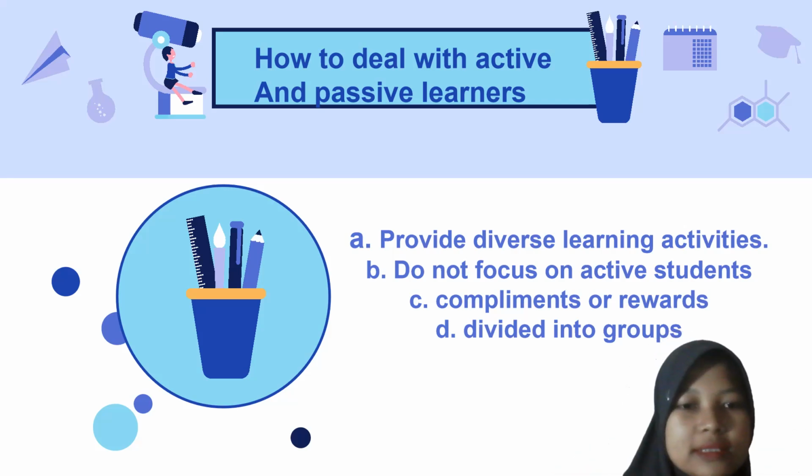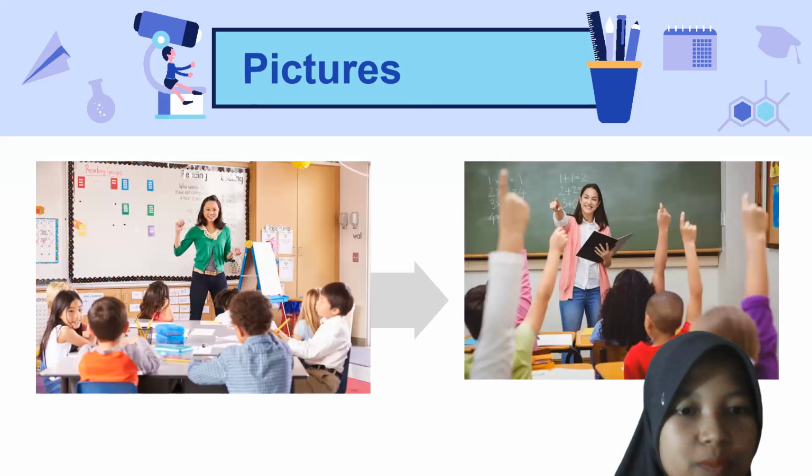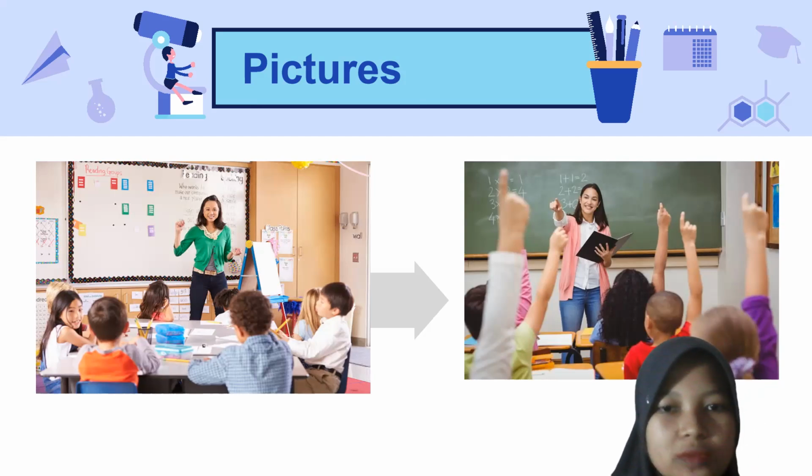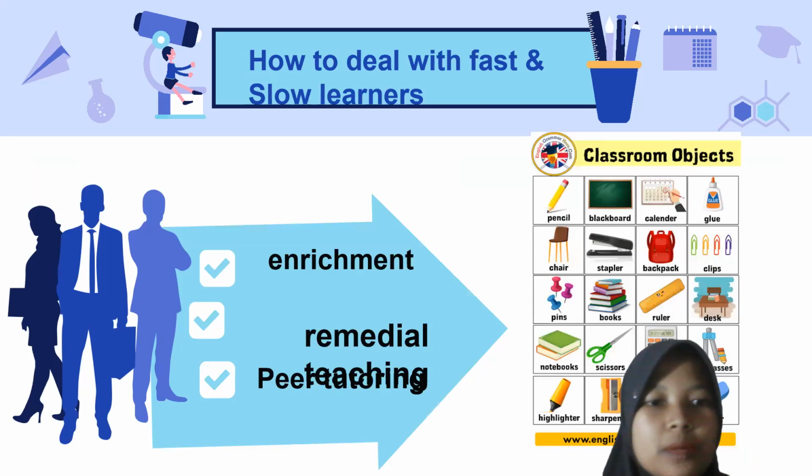And the next material, and alright, this is the example of the picture that I mentioned before, like dividing into groups and asking our students. The next material is about how to deal with fast and slow learners.